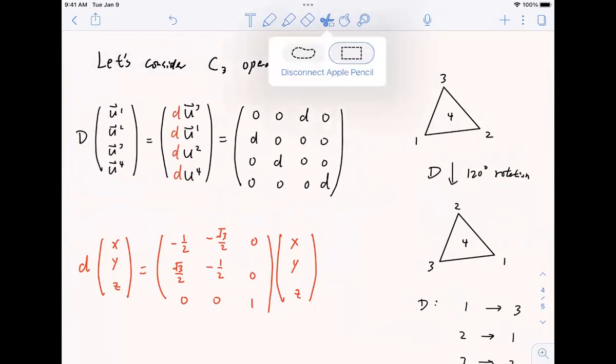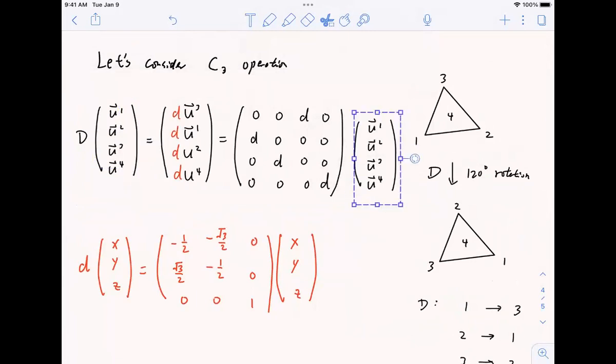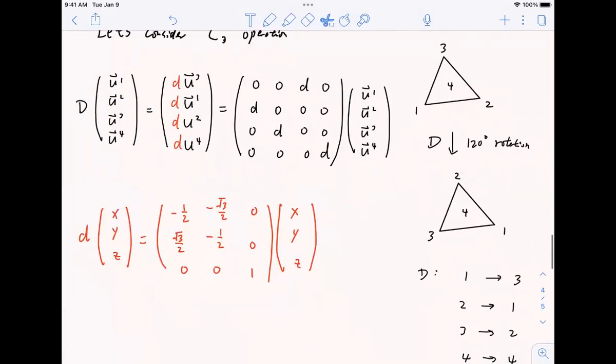Okay, so copy this. This is the representation. And then the trace of D will be -1 plus 1, which will be 0.